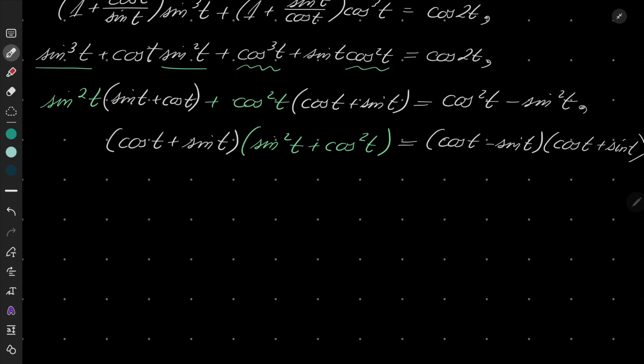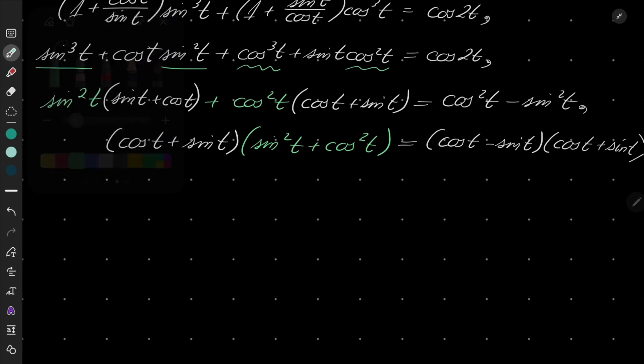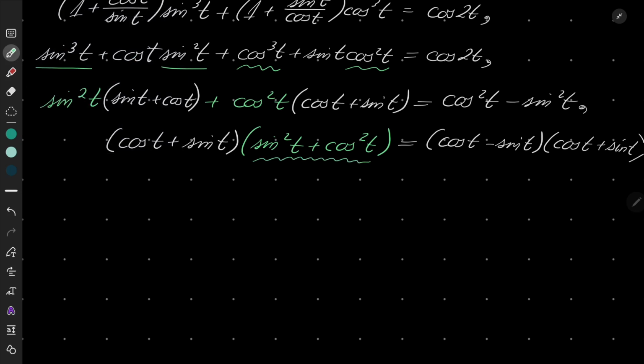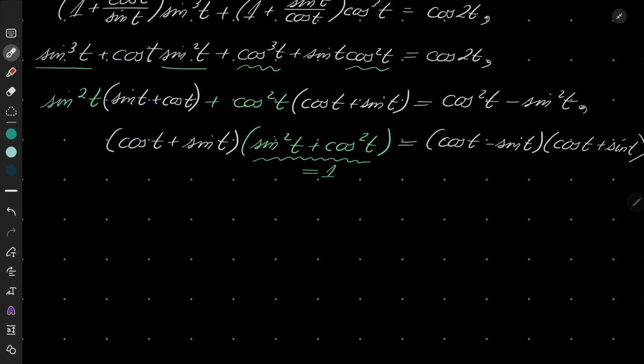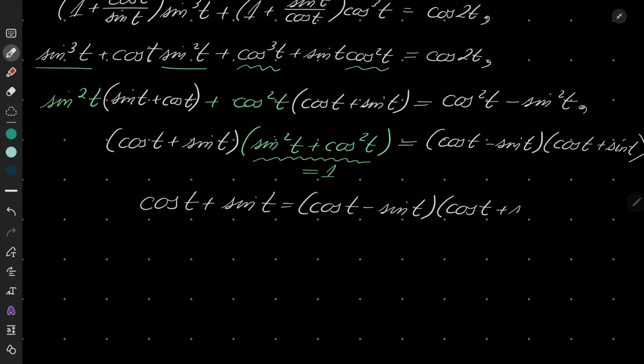Now, by a well-known property, sine squared plus cosine squared, no matter the t, is always 1. So we have the following equation: cosine plus sine equals cosine minus sine times cosine plus sine. Very well.